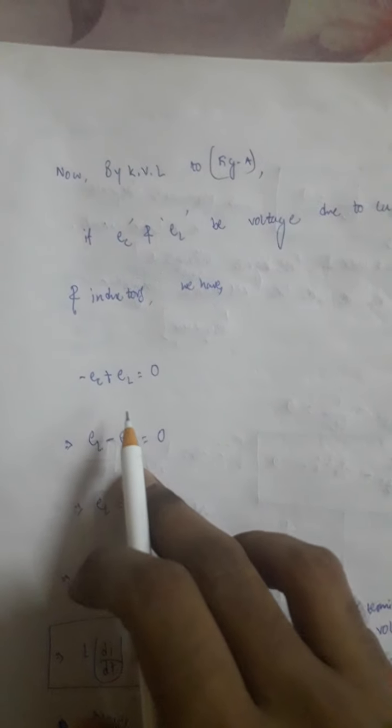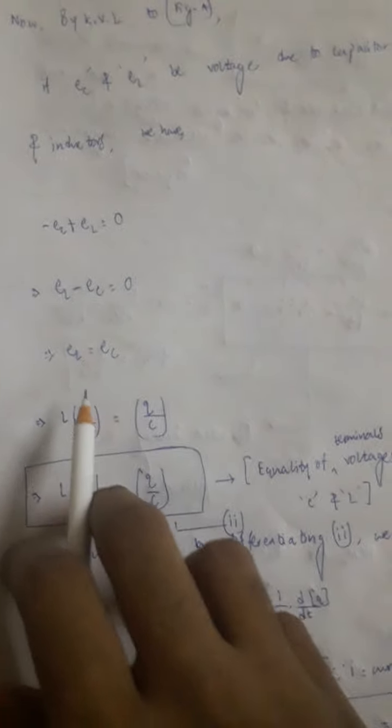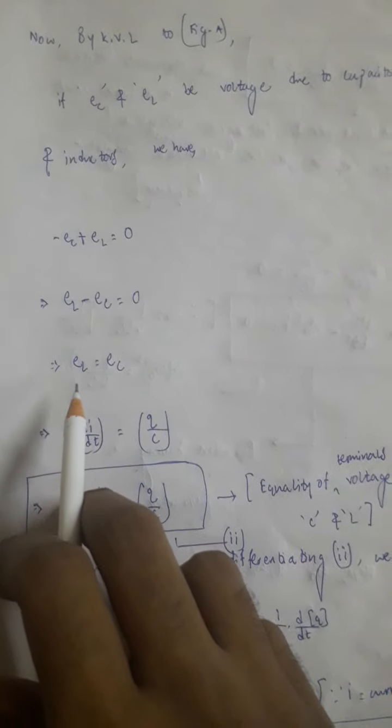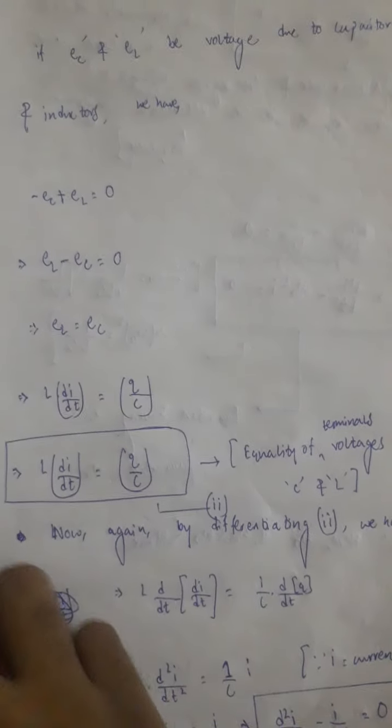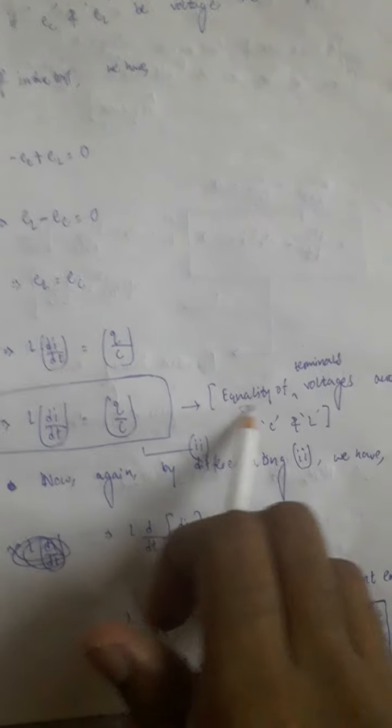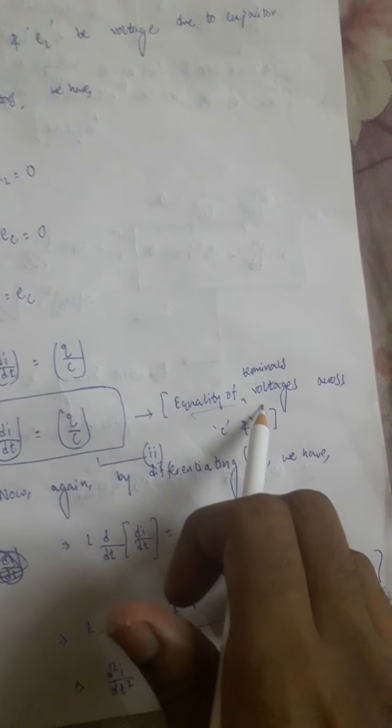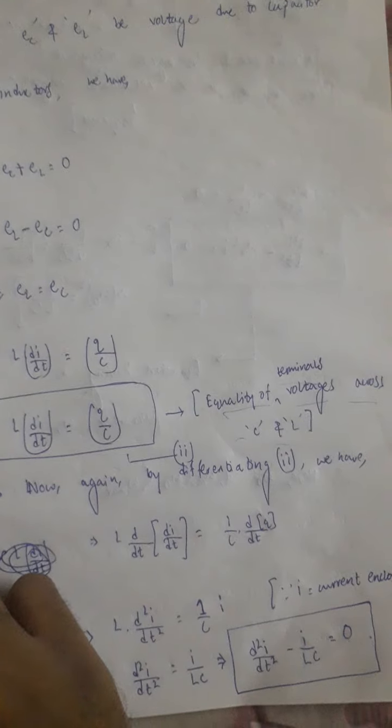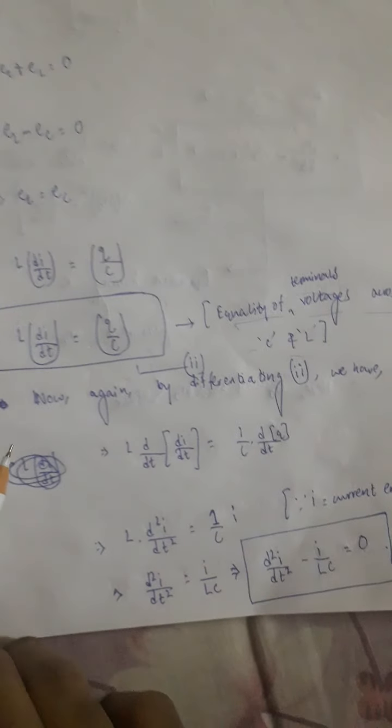So minus EC plus EL is equal to 0, so EL minus EC is equal to 0. You can observe it, and EL is equal to EC. So EL is equal to L into di by dt, equal to Q by C. This equation is very important for the equality of the two terminal voltages across C and L, and that's the basis of the natural response in a tank circuit.